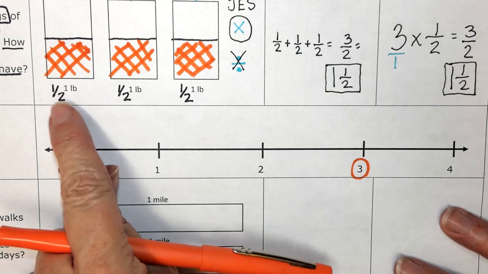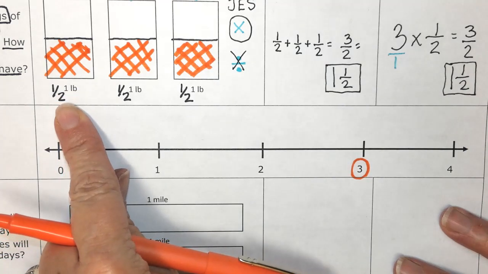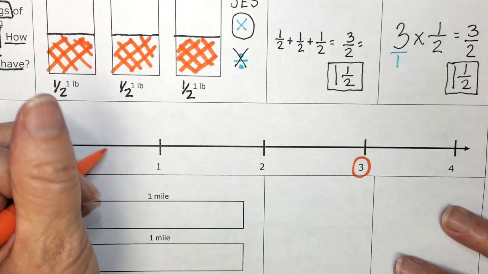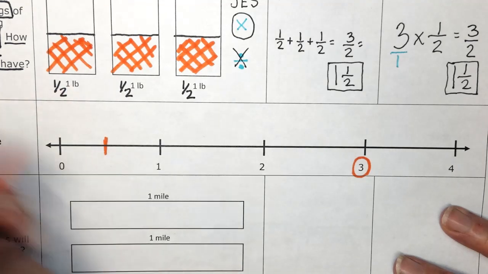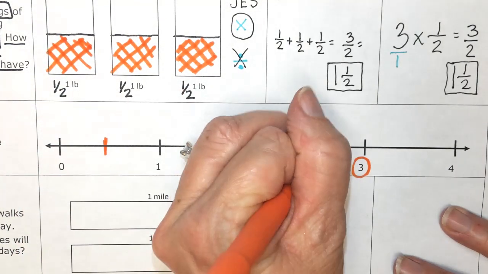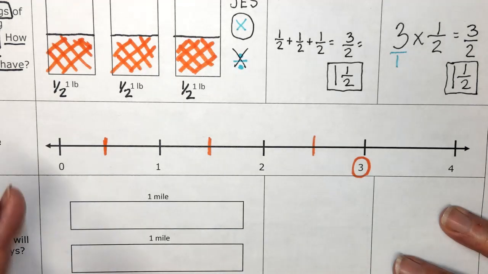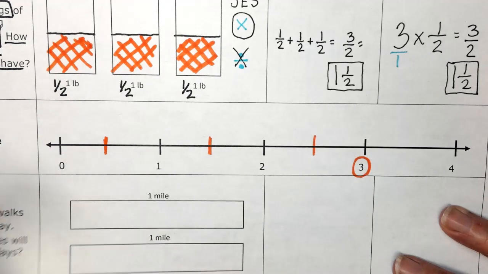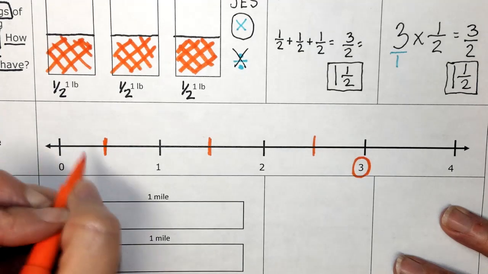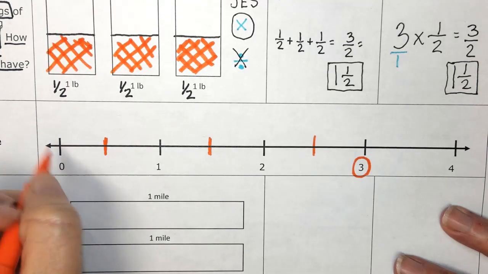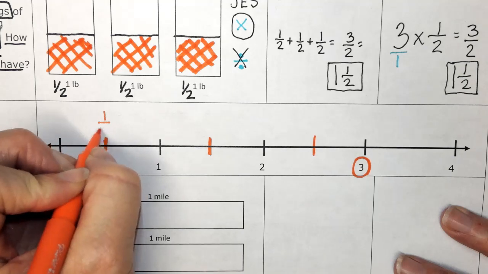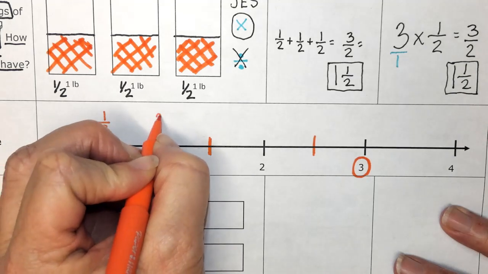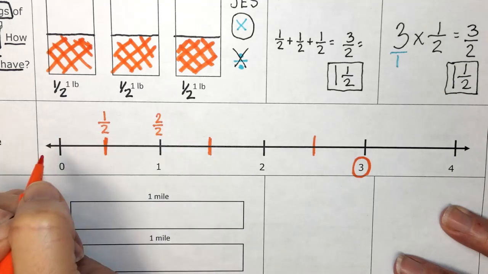And we know that we're cutting these in half because our model up here was cut in half. So I'm going to cut each whole number in half. And just like before, we're going to label the bottom in our mixed number format with our top number as our improper fraction. So we have 1/2 on top, 2 halves equivalent to number 1.